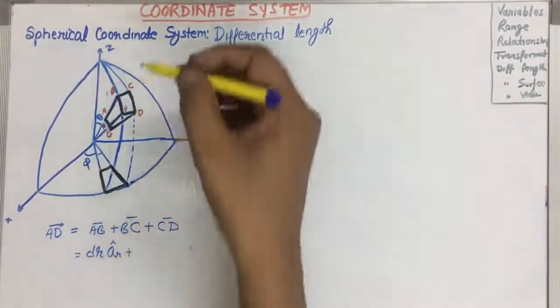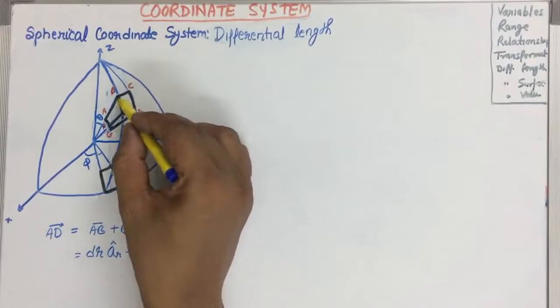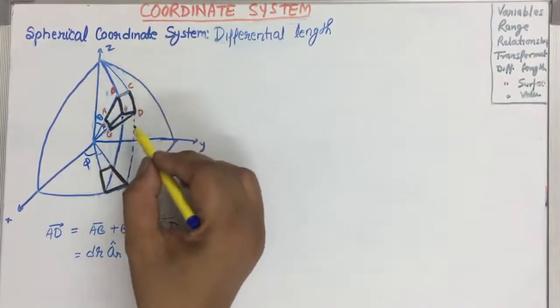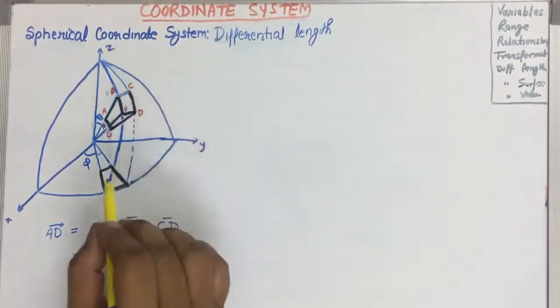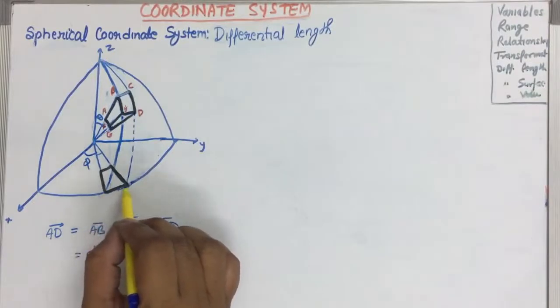BC can be written as, see, this is the arc, this is the same arc.